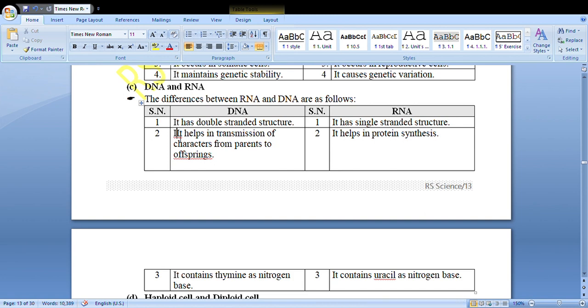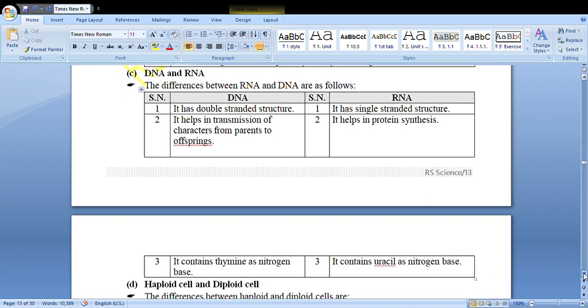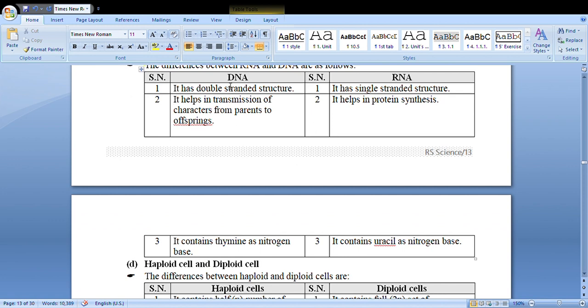Actually, DNA helps in the transmission of character from parents to offspring, and RNA helps in protein synthesis. DNA contains thymine as nitrogen base. RNA contains uracil as nitrogen base. So DNA has a double-stranded structure, RNA a single-stranded structure. DNA helps in transmission of character from parents to offspring. RNA helps in protein synthesis. DNA contains thymine, and RNA contains uracil.